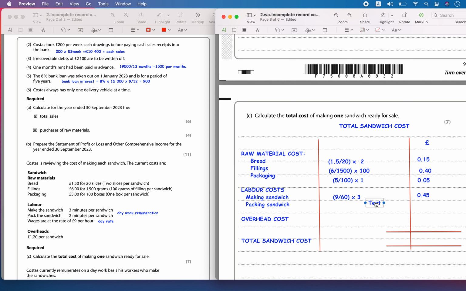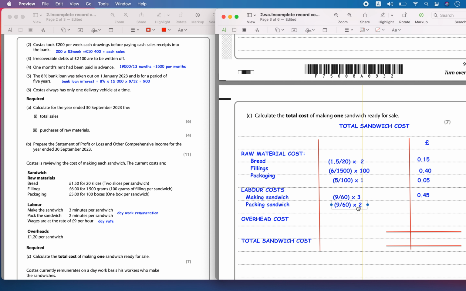Then for packing, he's again getting 9 pounds per 60 minutes, but he is spending only 2 minutes. This gives me the rate per minute, and he is spending 2 minutes.